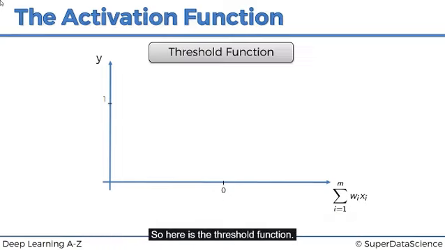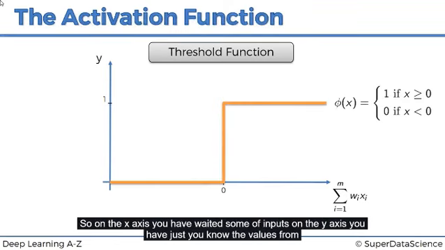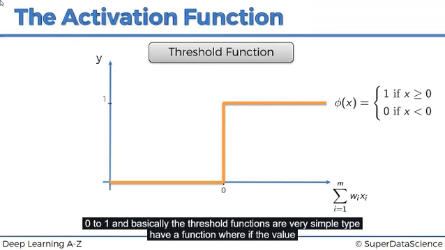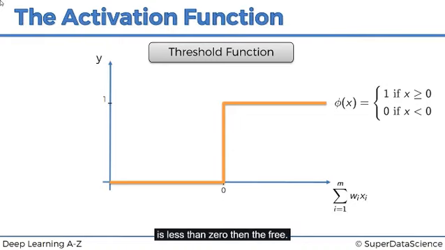So here is the threshold function. This is what it looks like. On the x-axis, you have the weighted sum of inputs. On the y-axis, you have the values from 0 to 1. Basically, the threshold function is a very simple type of function where if the value is less than 0, then the threshold function passes on 0.